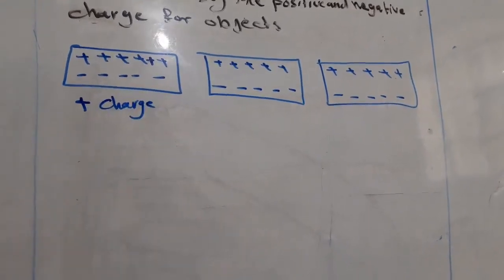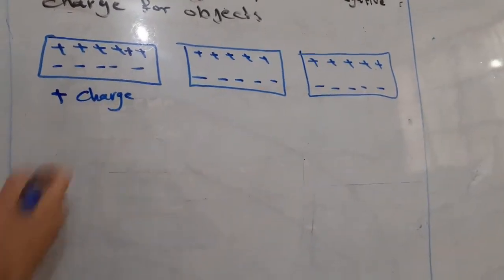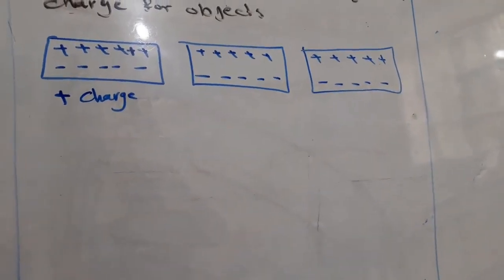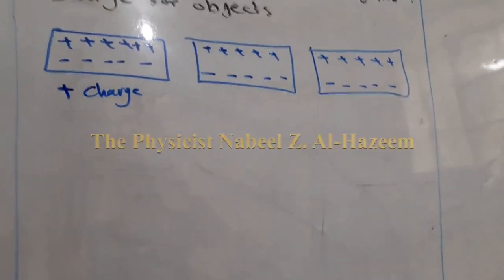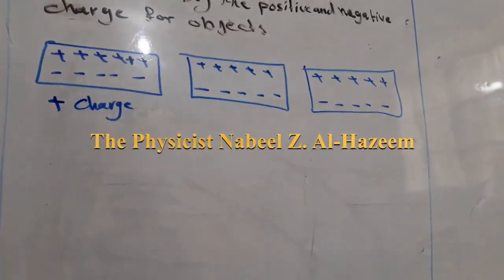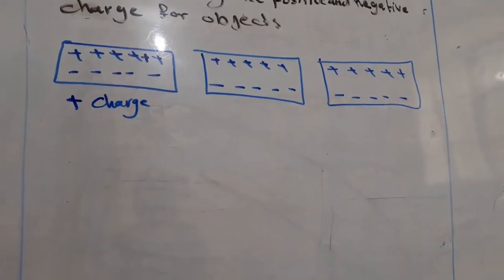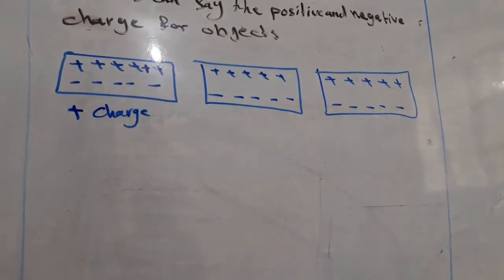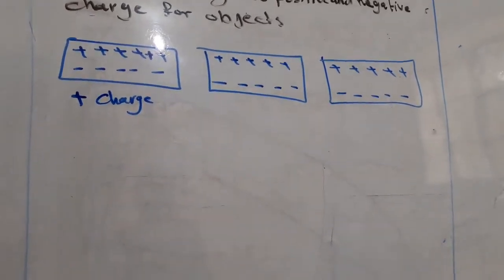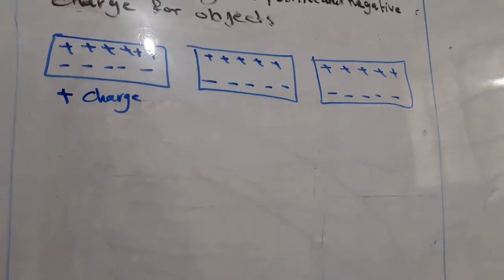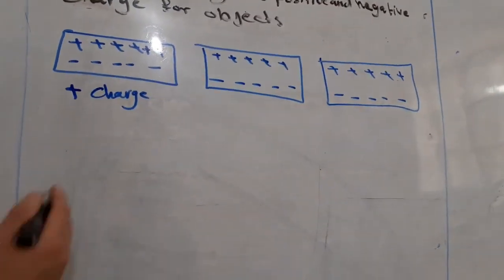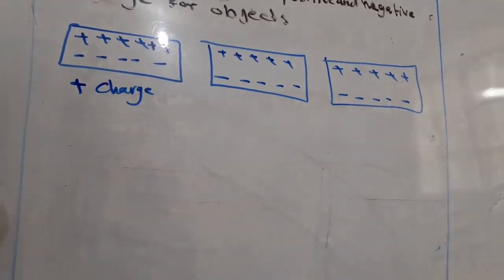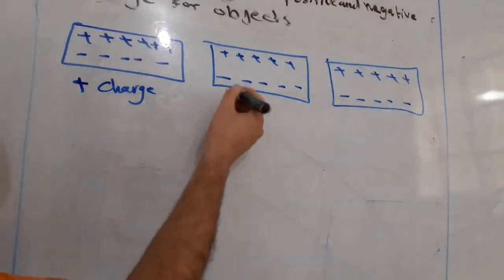I can get the total charge by algebra, because charge is a scalar quantity: number of positive plus number of negative gives the total charge of the object.